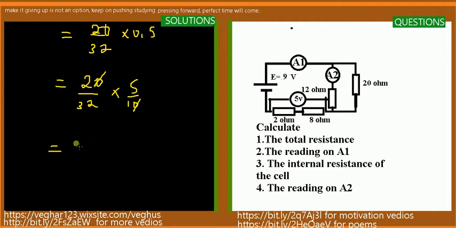So 2 times 5 is 10, all over 32. So how many times does 2 go into 32? 2 goes into 3 once, carry 1, 15 plus 1 is 16, so it goes 16 times.